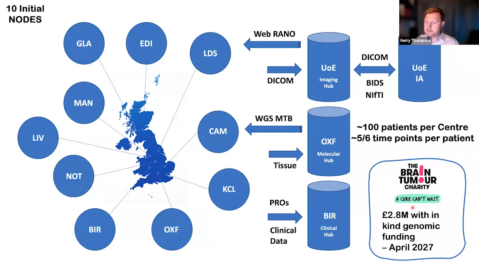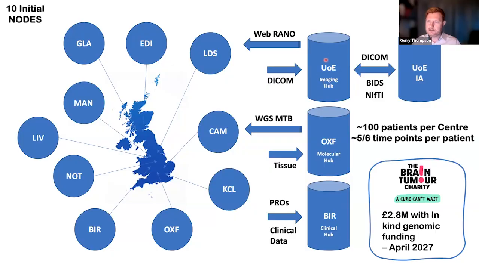So the Brain Tumour Charity gave £2.8 million, so over $3 million or euros, with some in-kind match funding for the genomic and molecular aspects, to fund this trial platform to really make it easier to set up and do clinical trials in brain tumours.